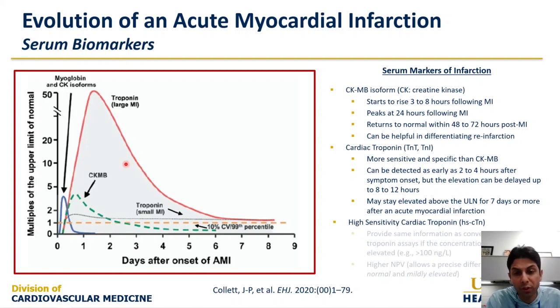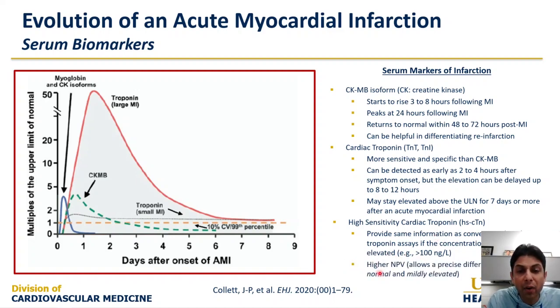It's used here exclusively now at, again, UC Davis Medical Center. It provides the same information as conventional cardiac troponin assays, the conventional troponin T and troponin I assays, if the concentration is substantially elevated. In other words, if it's greater than 100 nanograms per liter. We'll explore that in a little bit more detail.